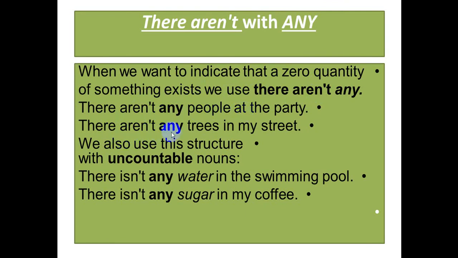There aren't any trees in my street. We also use this structure with uncountable nouns. احنا قلنا الcountable معدود, uncountable غير معدود. There isn't any water in the swimming pool. There isn't any sugar in my coffee.